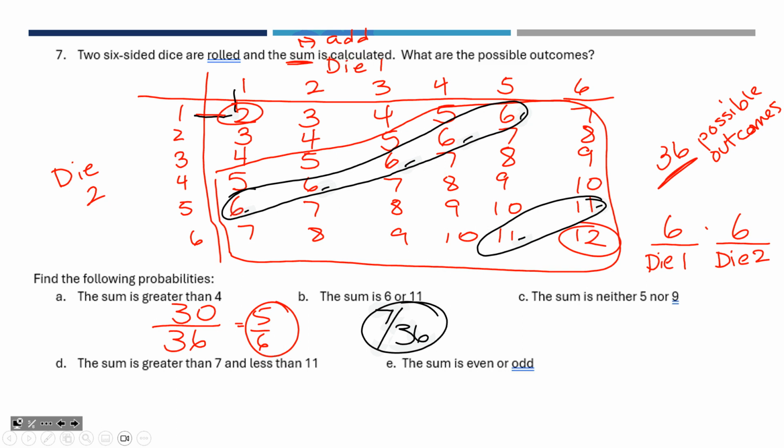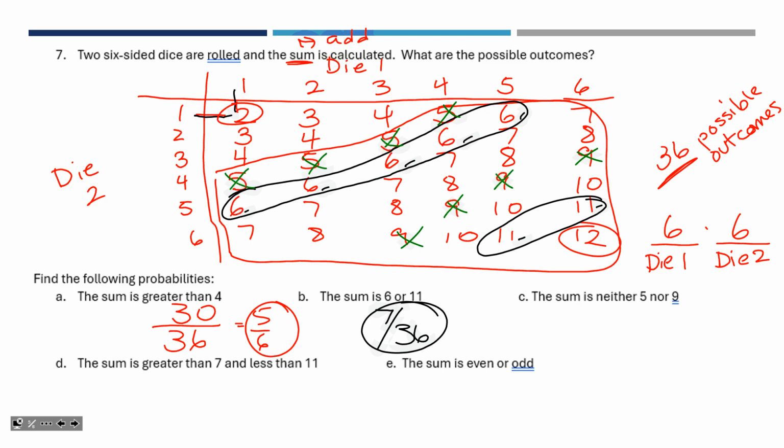How about the sum is neither 5 nor 9? So we did one similar to this in the last question. When it's something like neither, it means we don't want those numbers. So we don't want a 5, so I'm going to X out. And I don't want a 9. So I used green here. Basically, you want to count up how many numbers I did not X out in green.